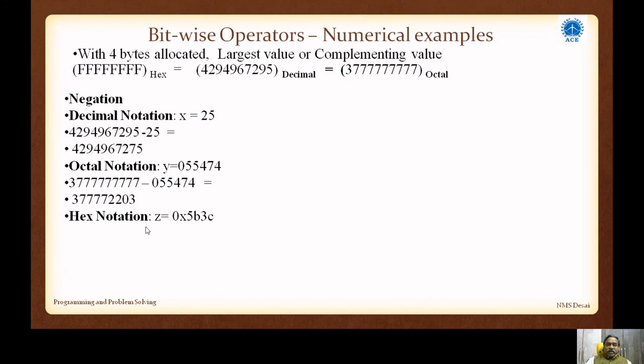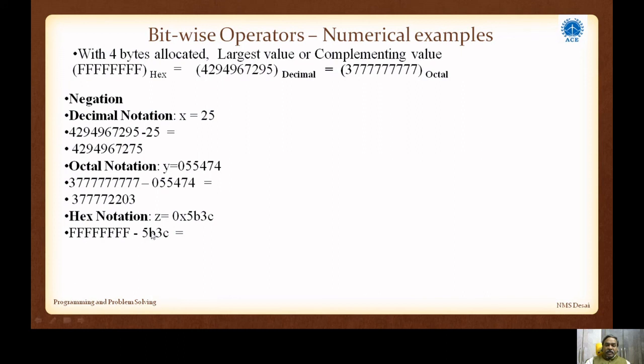Now, hex notation. In hex notation, I had taken 5B3C. We have discussed about it. So what happens? F minus C, 15 minus 12 is 3. F minus 3, 15 minus 3 is 12, C. So last 2 digits should be C3 as the answer.